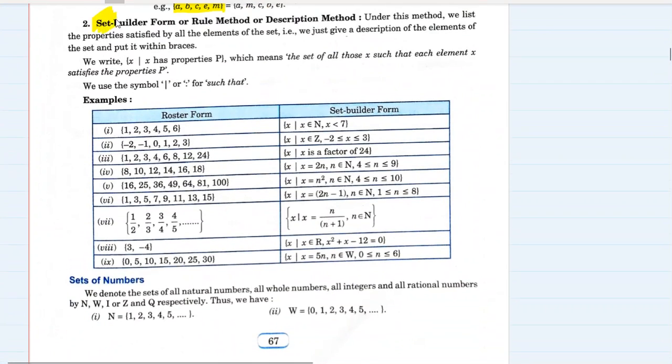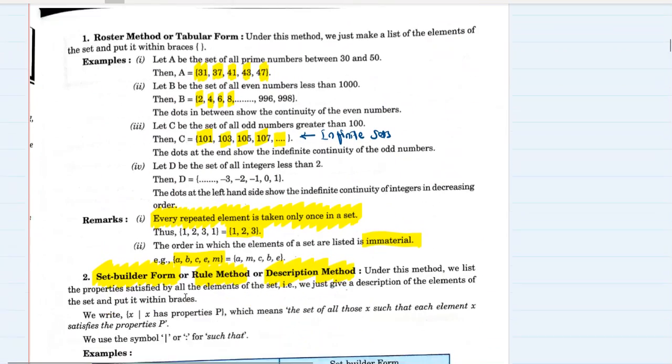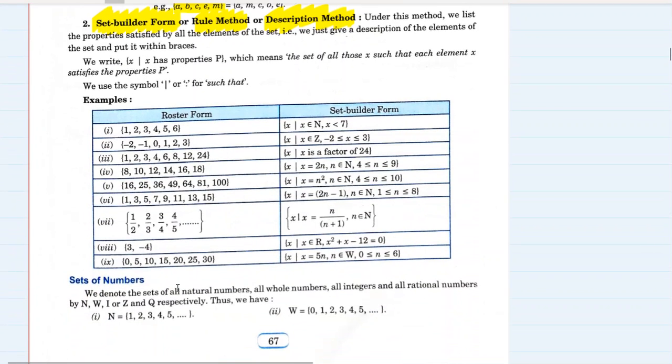Second is set builder form or rule method or description method. Now that you have understood what is roster method, you can easily understand what is set builder form. Under this method, we list the properties satisfied by all the elements of a set. That is, we just give a description of the elements of the set and put it within the braces.